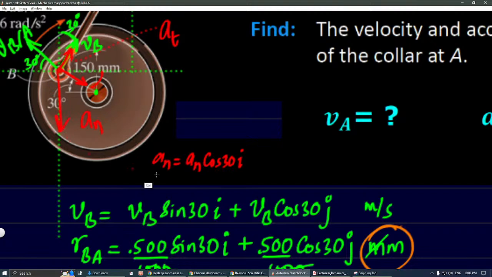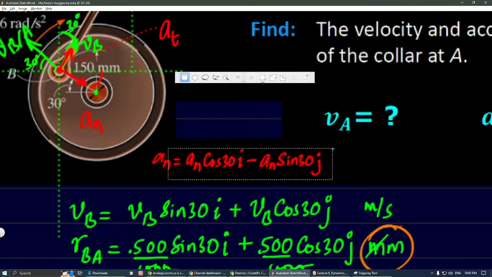Y is downwards, so minus an sin 30 of j. Got it?